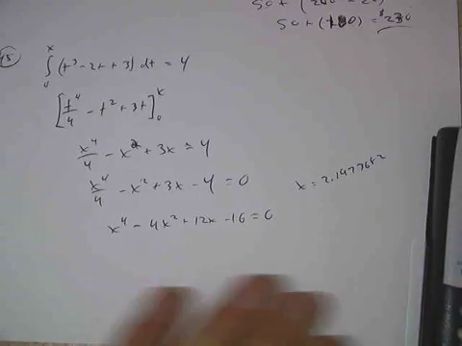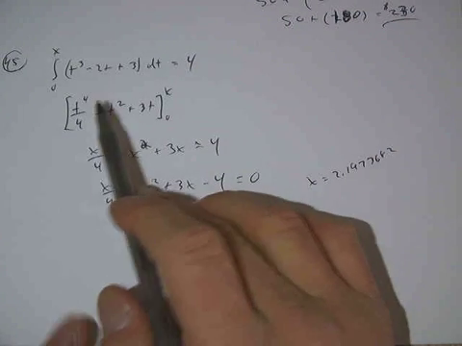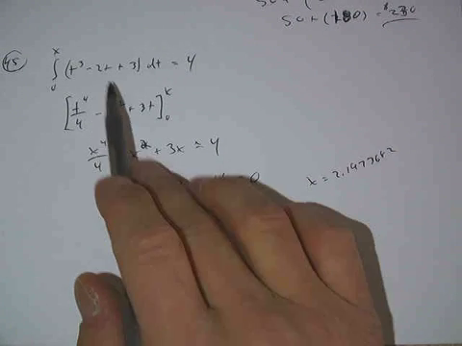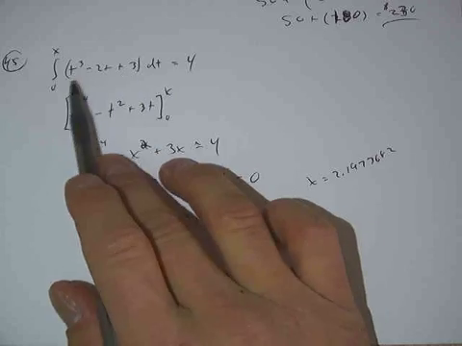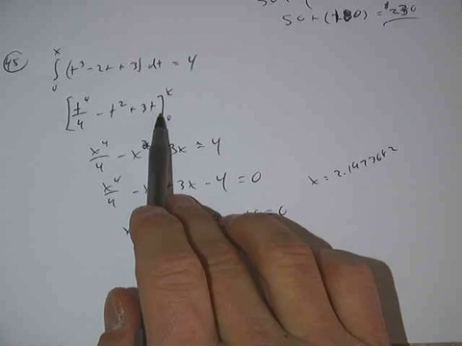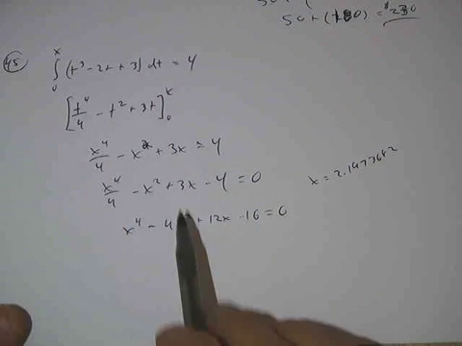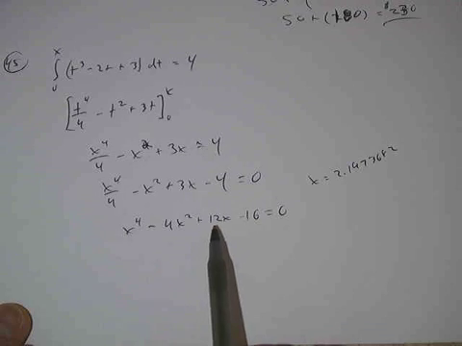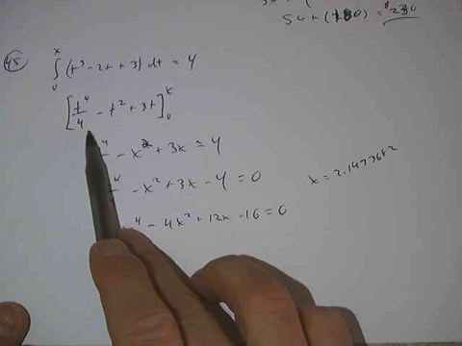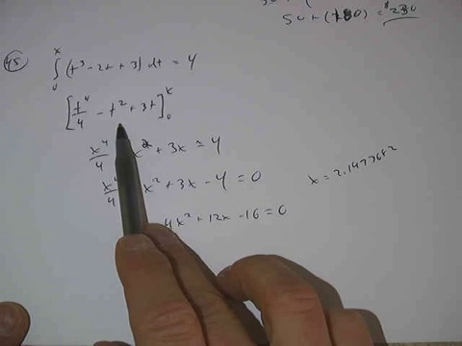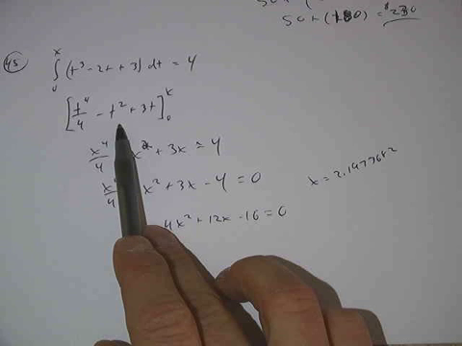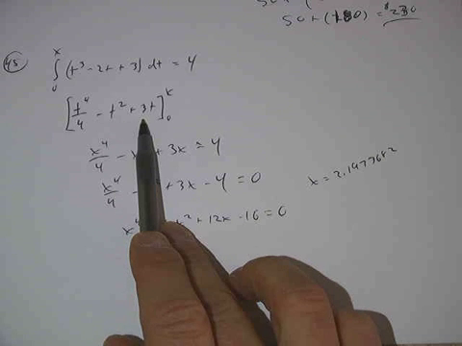Something's not right. I got an antiderivative wrong somewhere, maybe. This is cubed, right? 2t plus 3. That's good. Got that correct. That's correct.